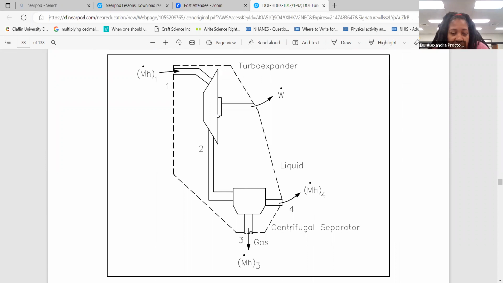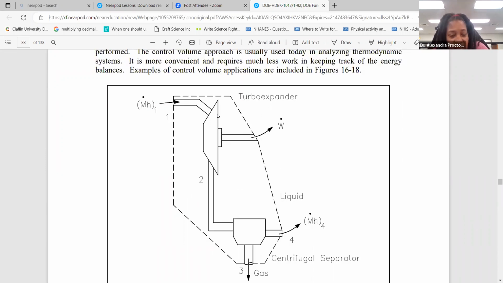Examples of control volume applications are included in this figure. Here they have a centrifugal separator, and they're showing you how mass goes into a system and how work comes out of a system. You have mass, m sub H1, that goes into the system.